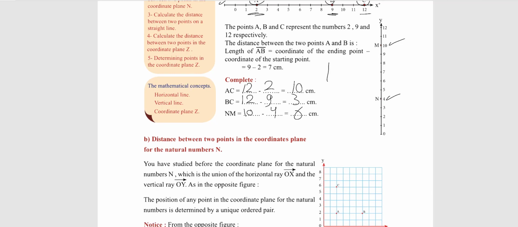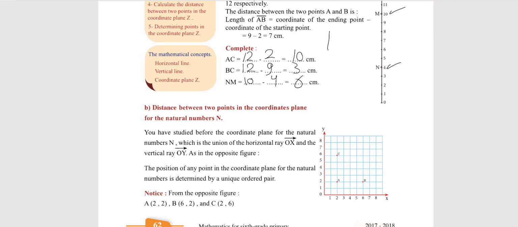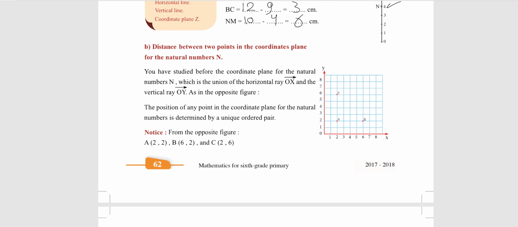After that, we want to find the distance between 2 points on the coordinate plane for the natural numbers. Look at this figure. From the opposite figure, we want to determine the point A. The point A is determined by the point 2 and 2.